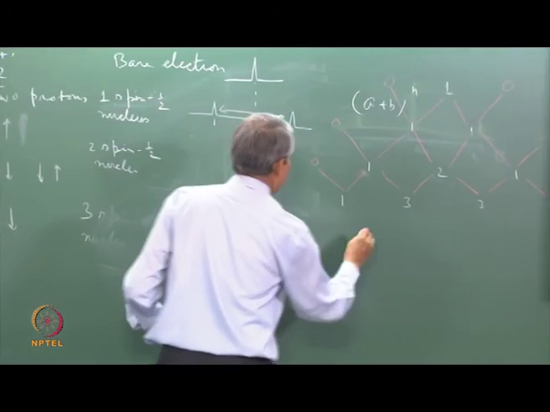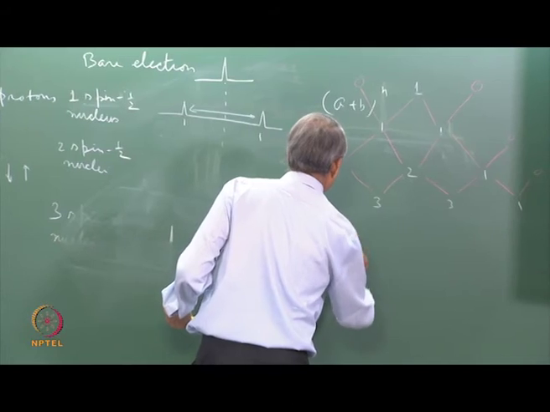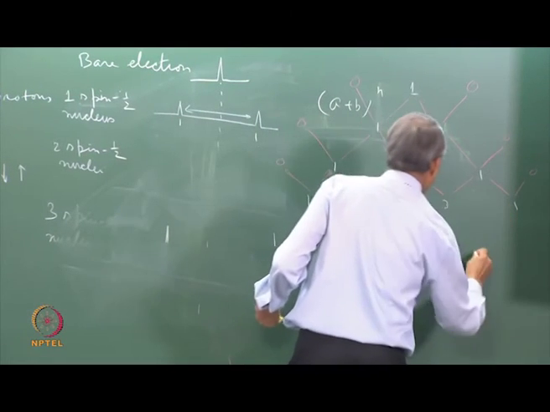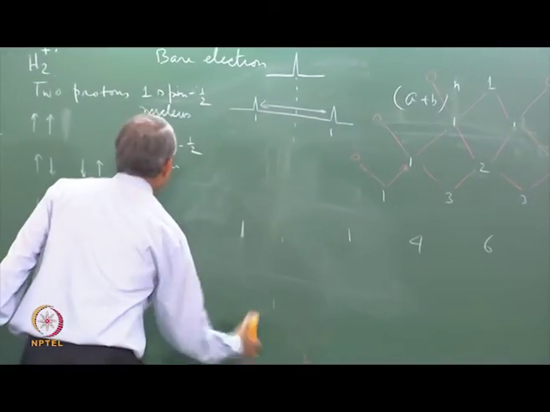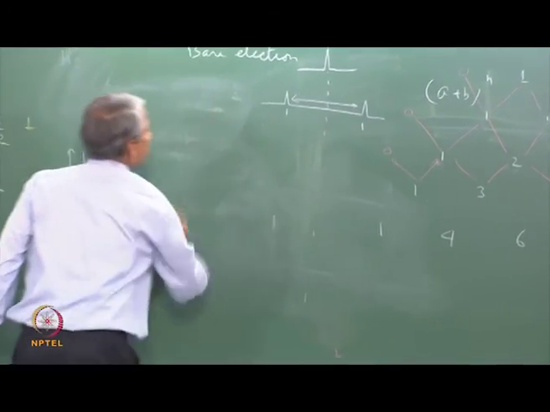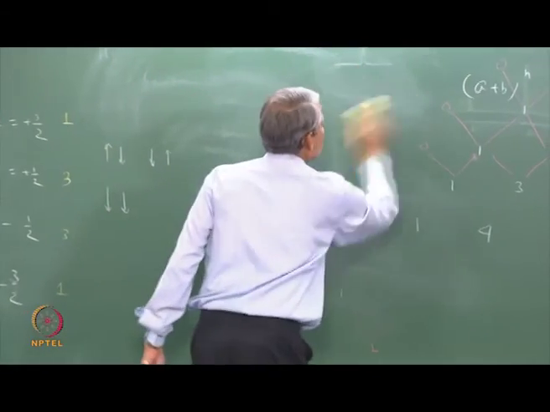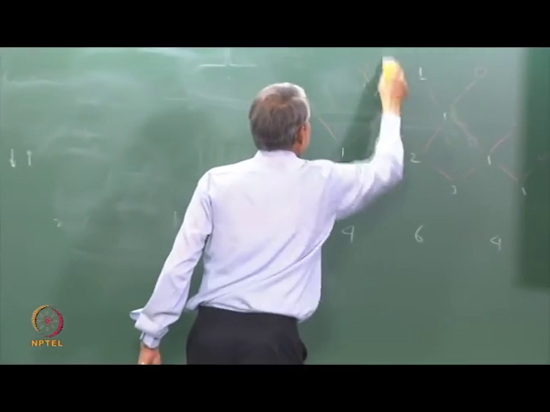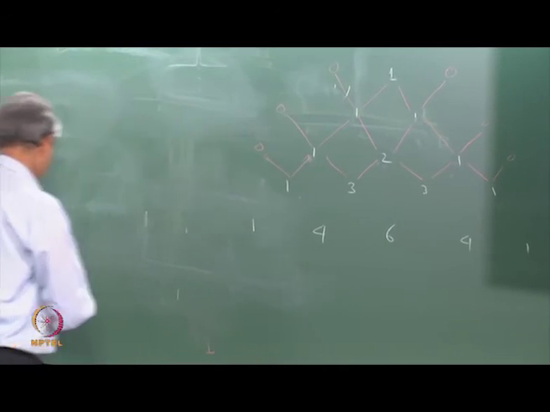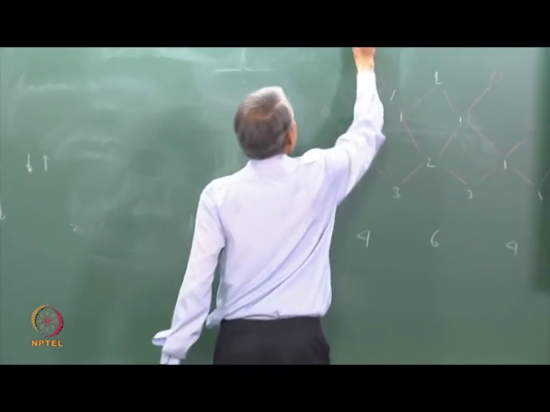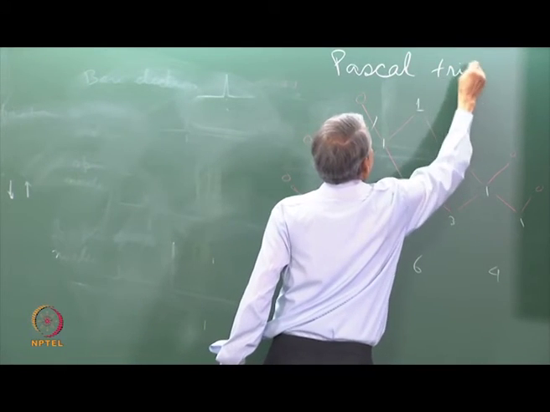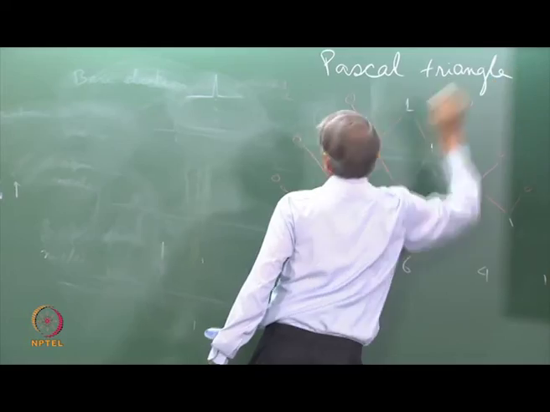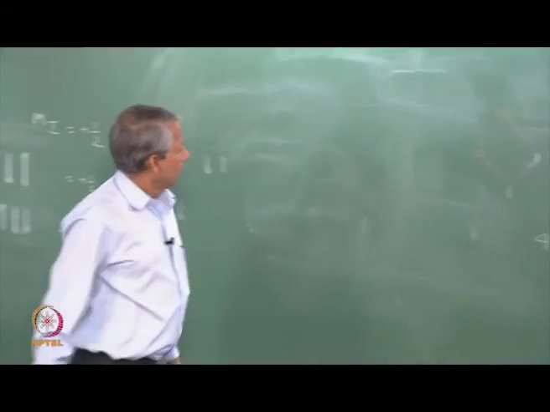It will be 1, add the 2, 4, this will be 6, add the 2, this will become 4, becomes 1. This is the Pascal triangle. You can keep on generalizing this.